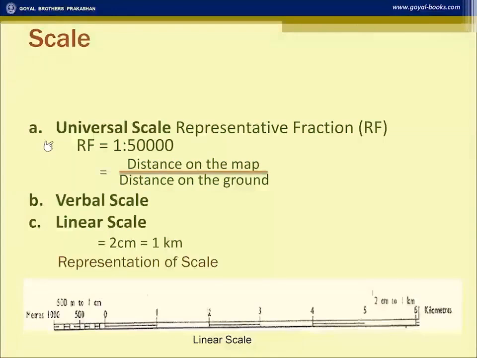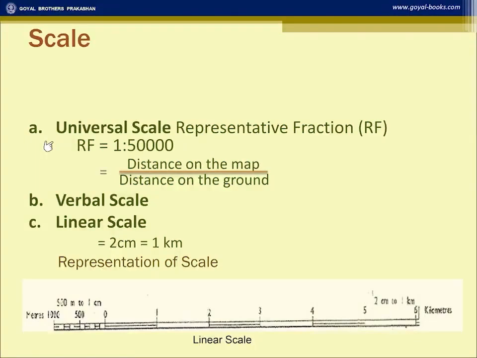This is called universal scale because it is universally accepted. The verbal scale is when we just say, okay, this wall is about 5 feet high, or the ground is about 2 feet by 2 feet. We can just mention it verbally.